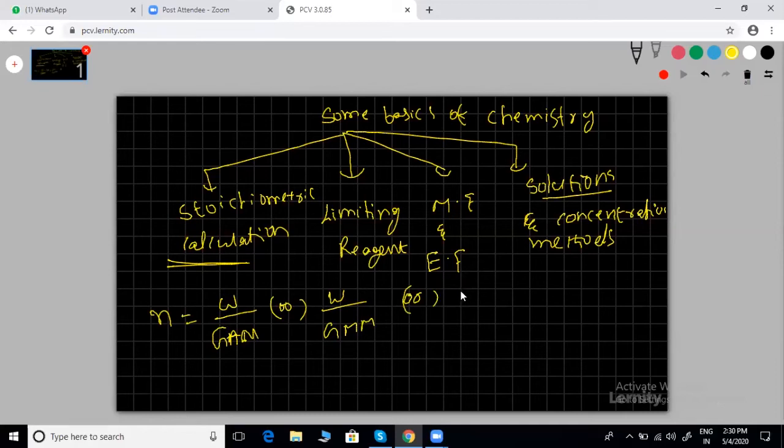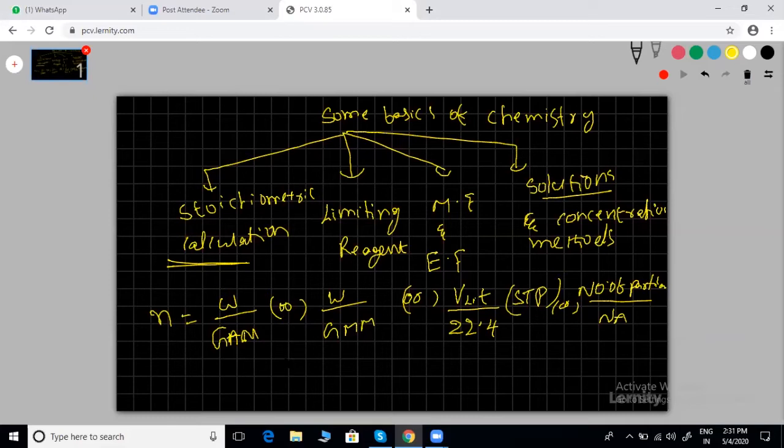Suppose they give volume, as we measure gases: number of moles is volume in liters by 22.4 liters at STP. Another one is number of particles by Avogadro number. So these are the formulas for number of moles.